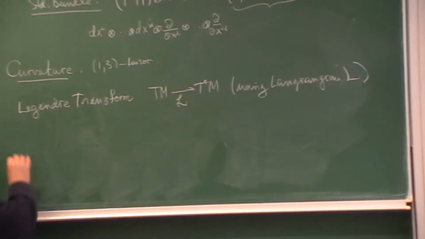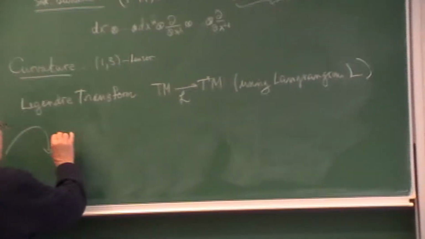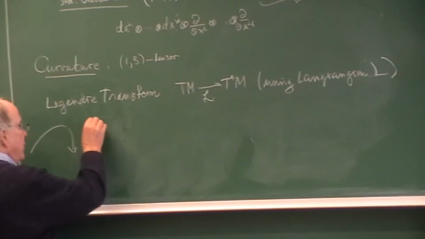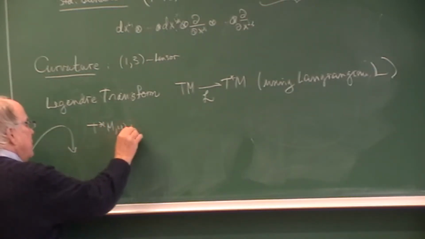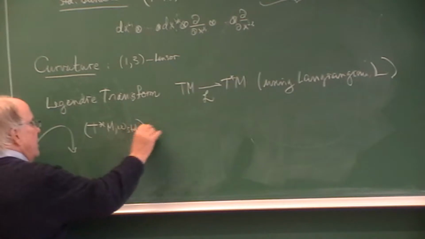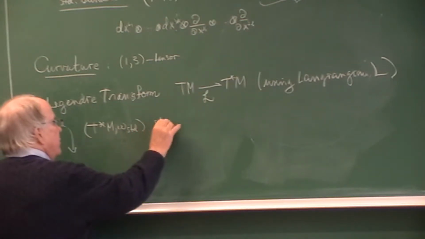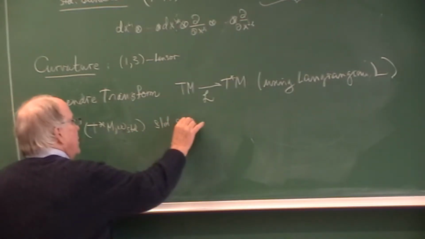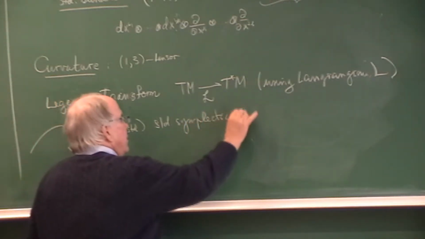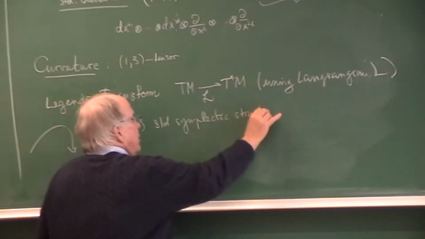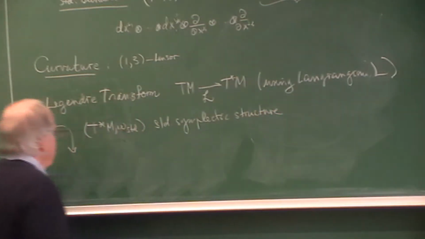And that simplifies matters immensely to the cotangent bundle, where we have a standard structure, a symplectic structure, which we talked about quite a bit in depth.